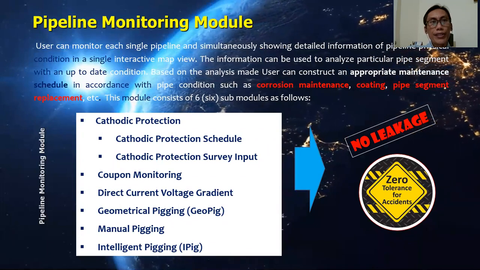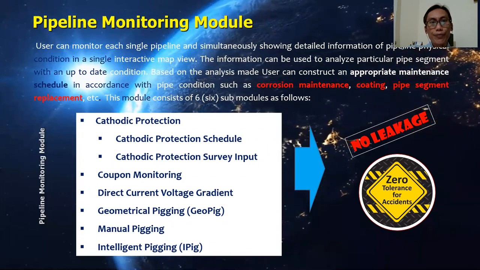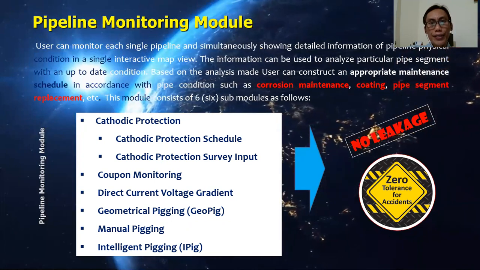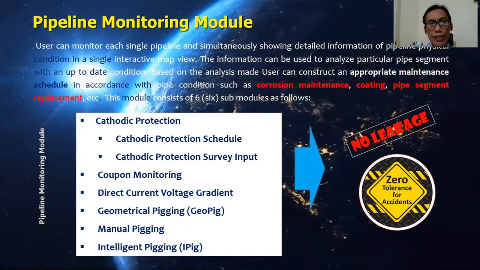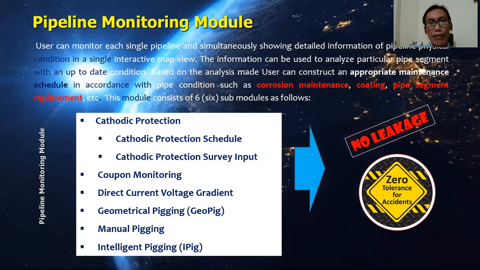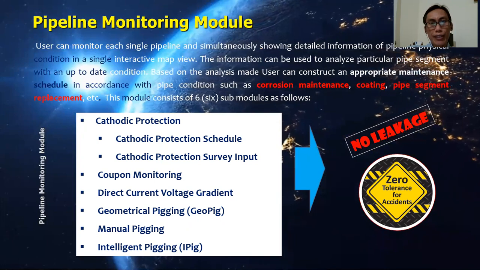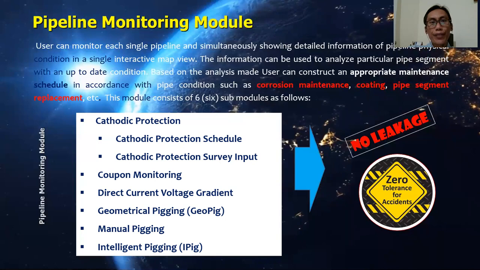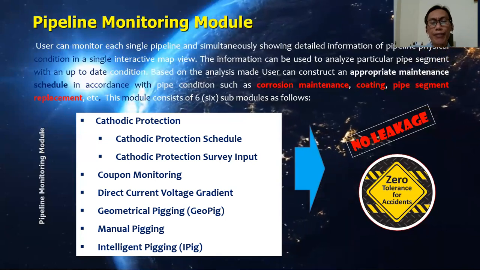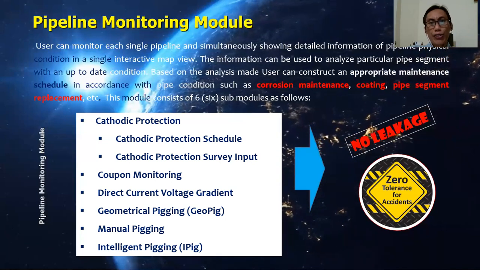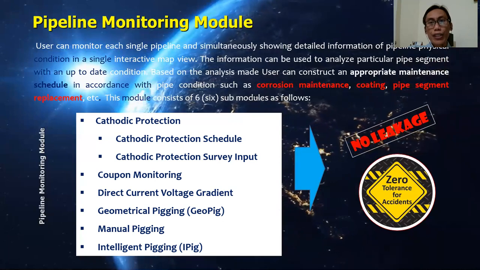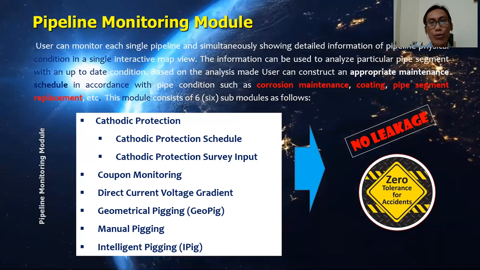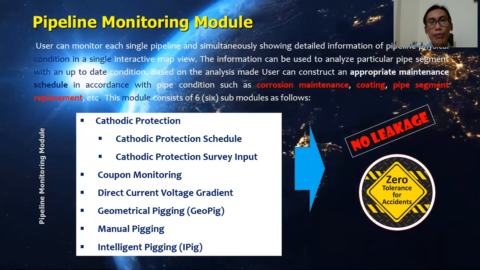Module number 1 is pipeline monitoring module. In this pipeline daily operation, the material flowing inside the pipeline could be gas or oil. This material is very explosive, so no leakage is allowed. When it happens, it could burn everything.